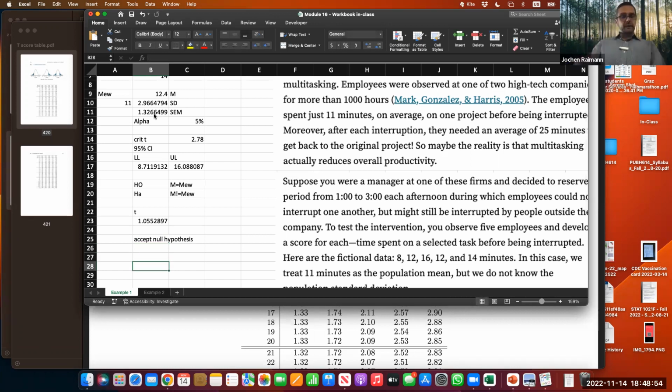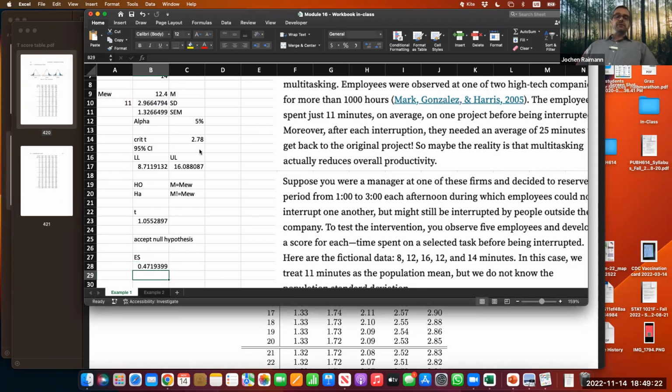And now we also calculate the effect size, which for obvious reasons needs to be also small. So we're calculating our mean minus our mu and dividing it by the standard deviation of 2.97.